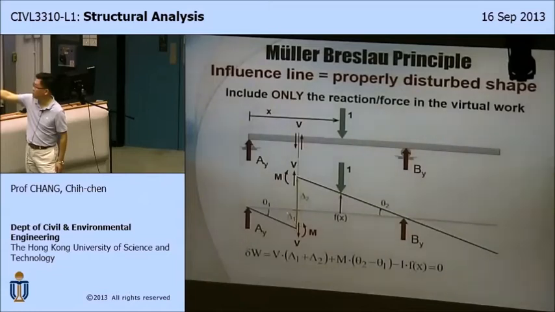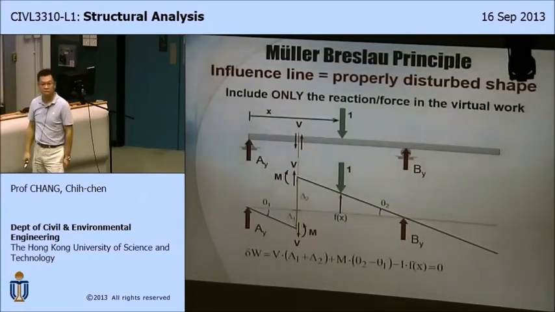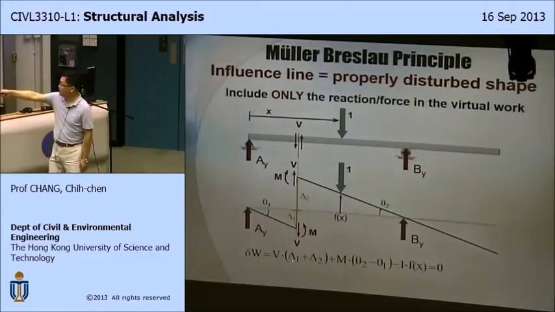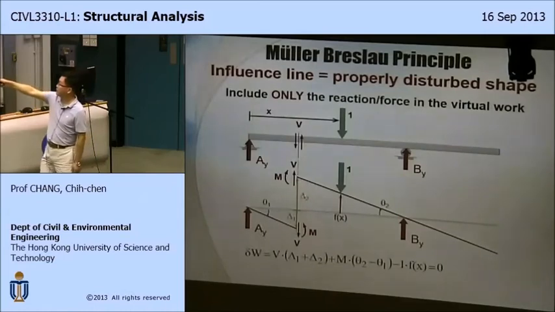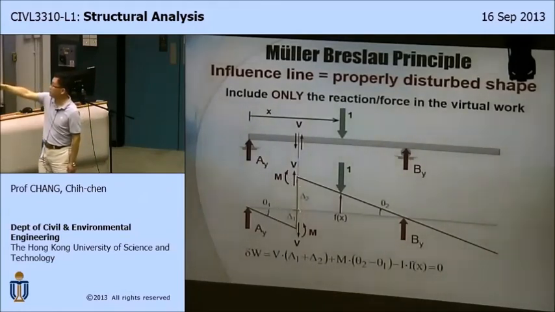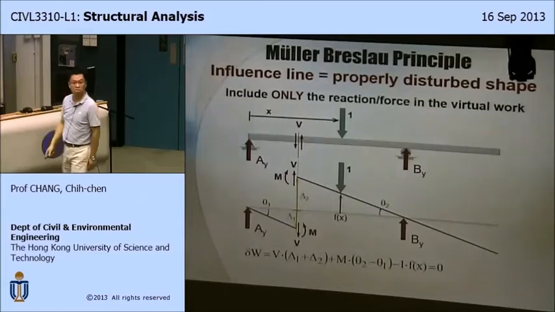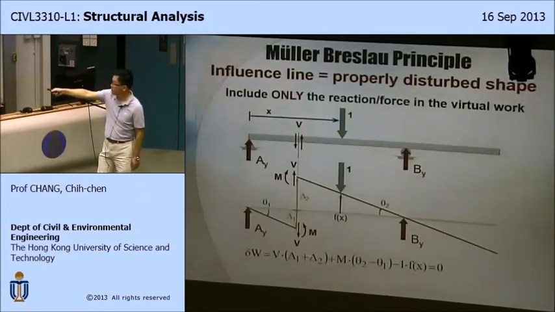So it's V times delta 1. Same thing, this shear force is going to do work because this cross-section is being pushed up by delta 2. So they are in the same direction. So V times delta 2.